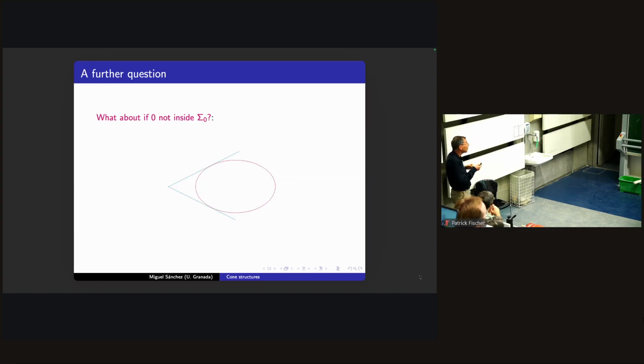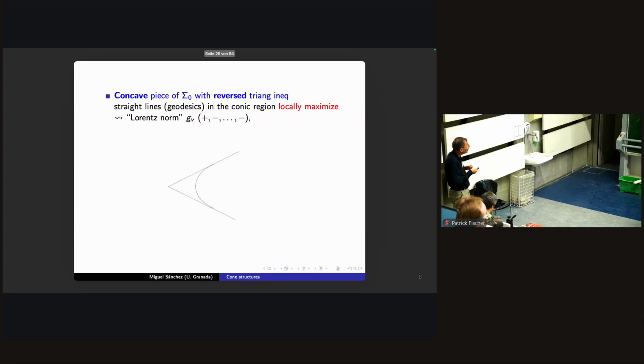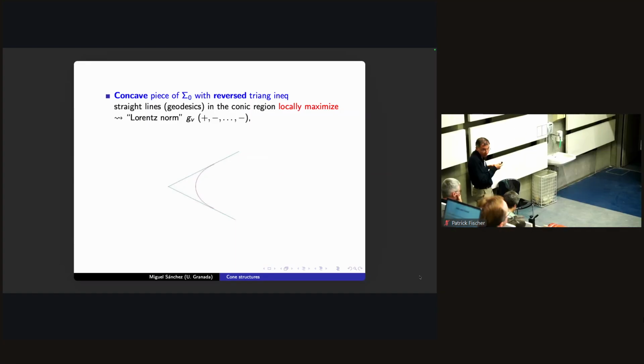In this case, we have an indicatrix like this, which has a convex part, and associated to this, we have a triangle inequality, and also a concave one, and associated to this, we have a reverse triangle inequality. Because if I go in the direction opposite to the wind, I can retard it as much as possible.